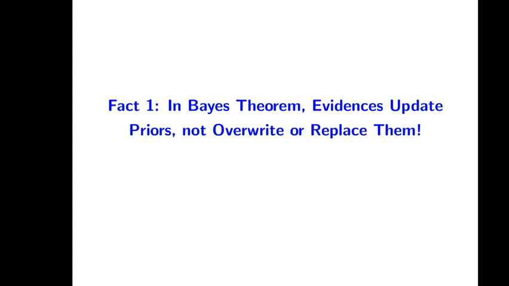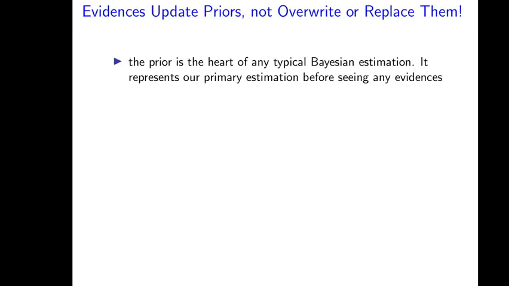Now, as we have this simple example of how Bayes' theorem works and how it draws conclusions and estimations, we need to learn some important facts about Bayes' theorem. The first fact we have is that in Bayes' theorem, evidences update priors, not override or replace them.